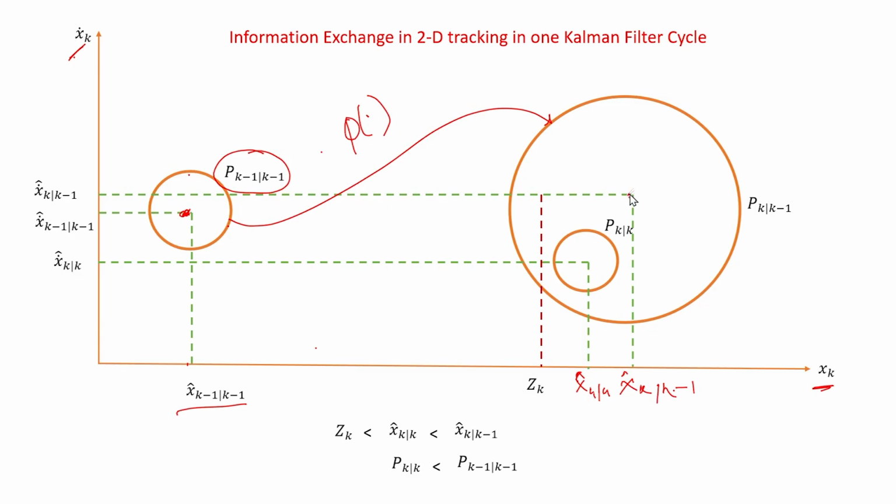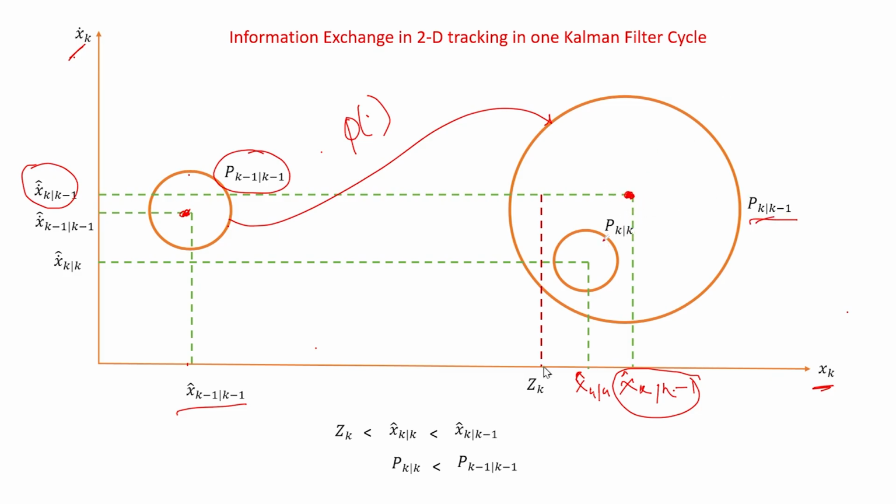So here you get your predicted values, position and velocity at the center of this big circle, and the error variance is the radius.